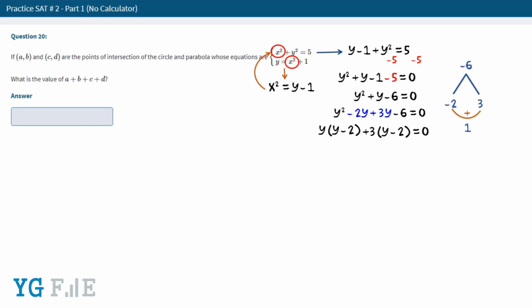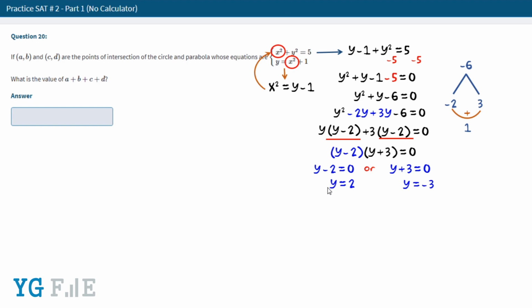These two terms have a common factor y minus 2, and we can factor it out, so we get y minus 2 times y plus 3 equals 0. It means that y minus 2 equals 0 or y plus 3 equals 0, and therefore y equals 2 or y equals minus 3.